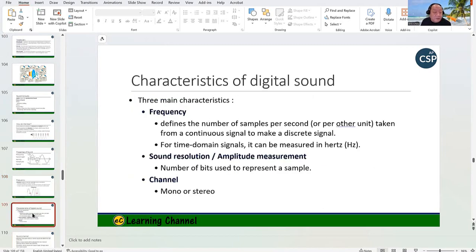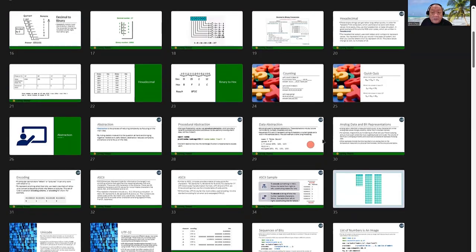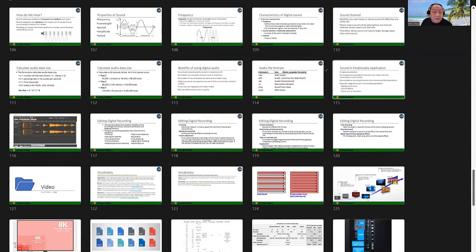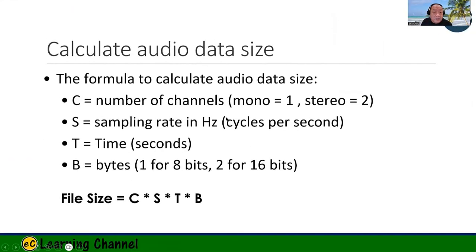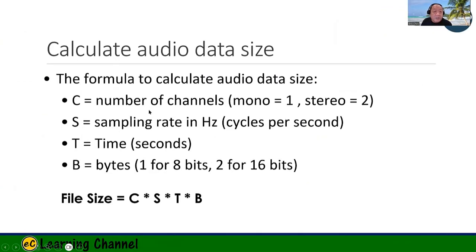Now, when you try to see how many bits your data need to go, then you need to calculate your channel capacity. And your channel capacity, channel size, depends on your number of channels. So if you are stereo, you have 2 channels. And then your sampling rate, and then your time, how long you will sample.